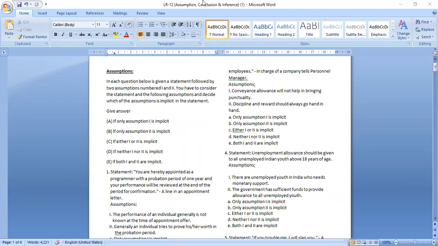We'll start at 5:17. If somebody isn't able to access the paper, please let me know.